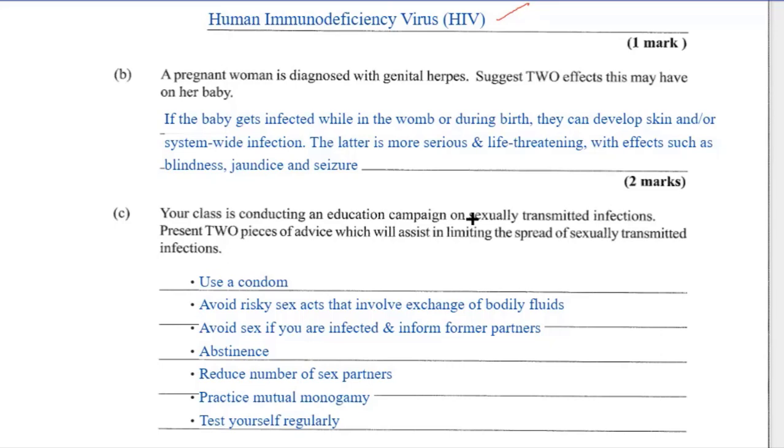The child could either develop a skin infection, which would be the better option, honestly. But the child can also develop a system-wide infection, meaning that various organ systems get infected. And that one is more serious and life-threatening. You have problems like blindness, jaundice, seizure. All these things start happening.